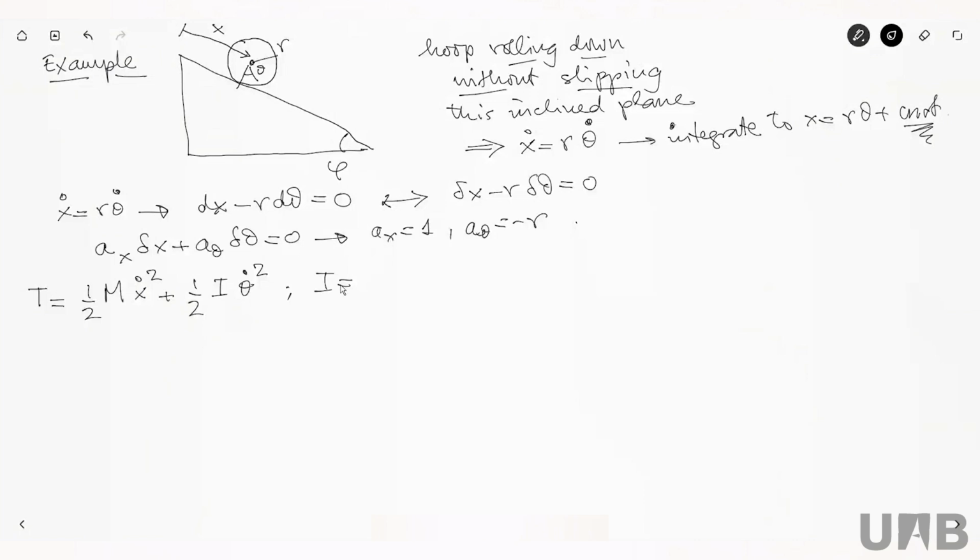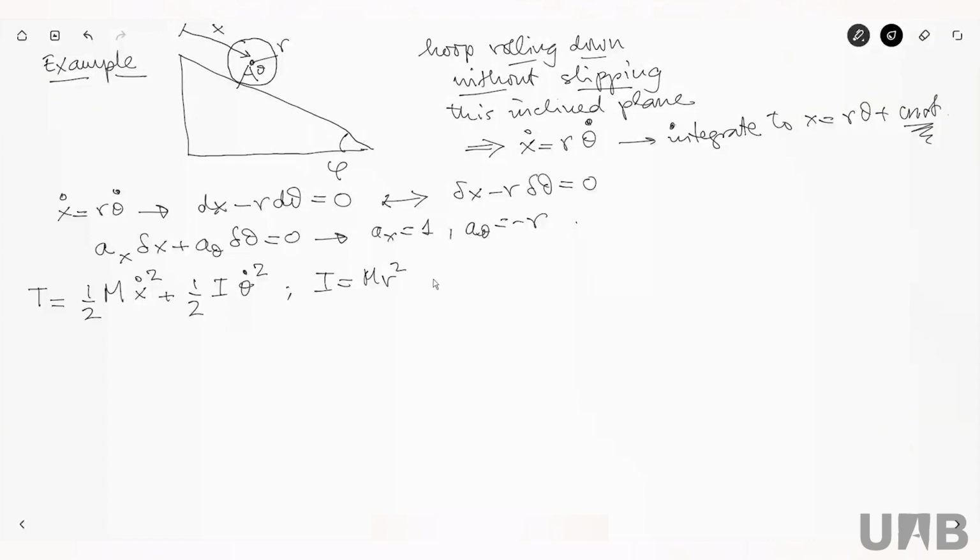It's not that difficult. Make a guess. It has a radius r, and the mass is m. m r squared. Yes, exactly. That's the right guess. So that's the kinetic energy.